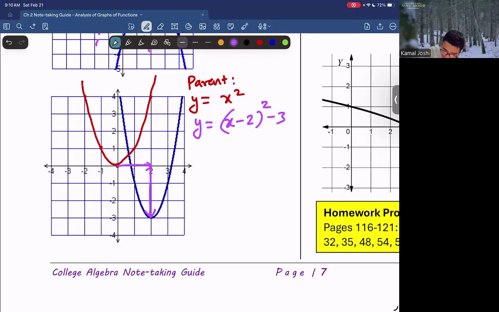But then you notice when you go 1 unit right, you're going 2 units up. If you go 2 units right, you have to go somewhere, I think one more line further than that, somewhere here. So how many units is that?